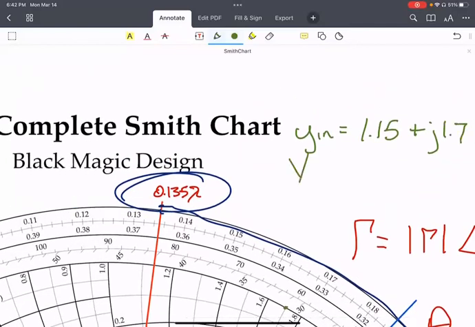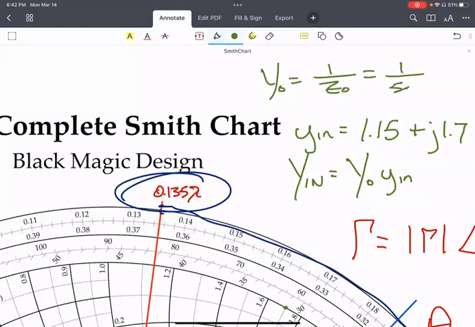Now, we're not done with Y in either. So how would we get a little y? Well, we would divide by Y naught, so we have to multiply by y naught. Remember, y naught is just 1 over z naught, which is 1 over 50. So really, this is Y in over 50.